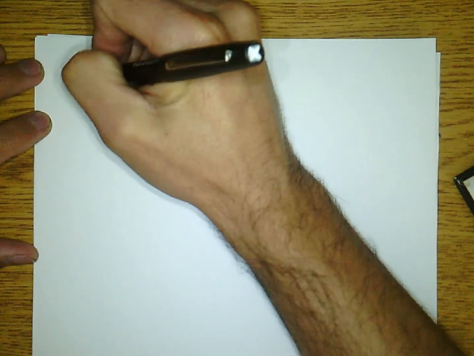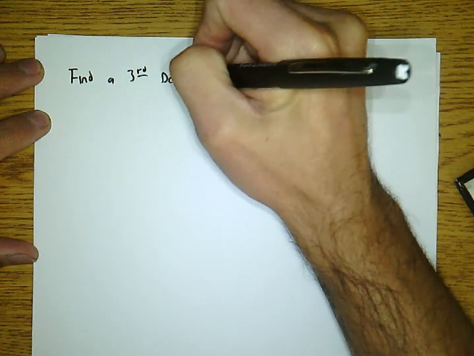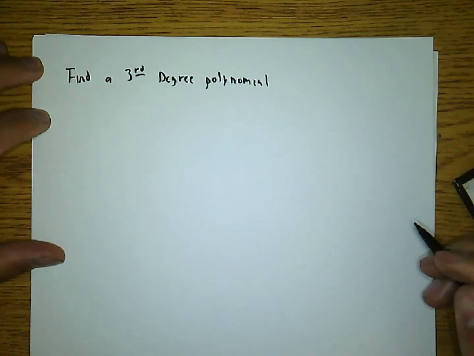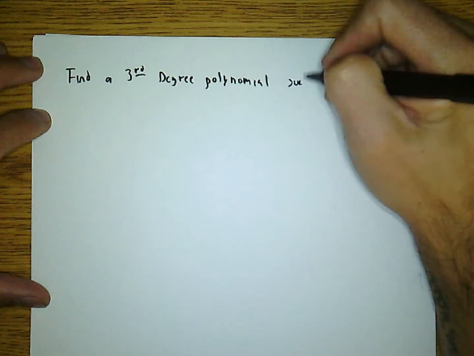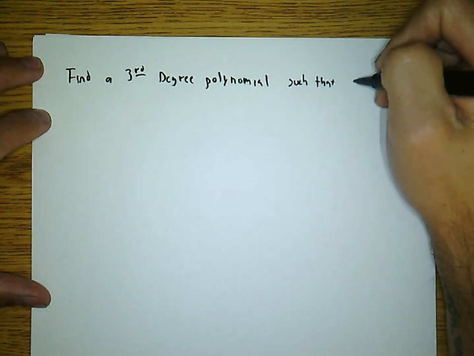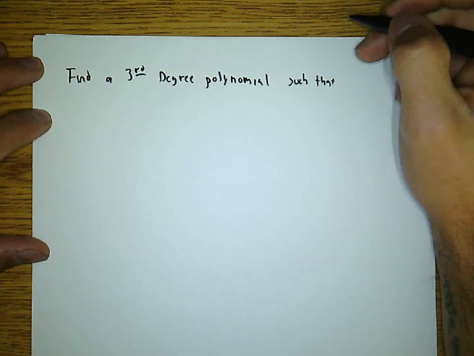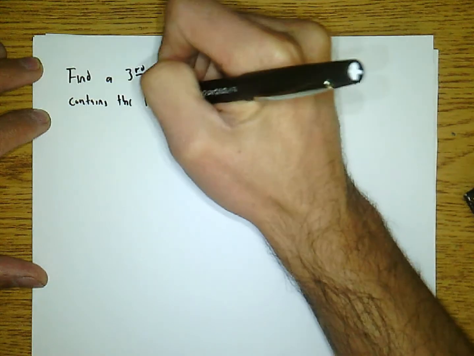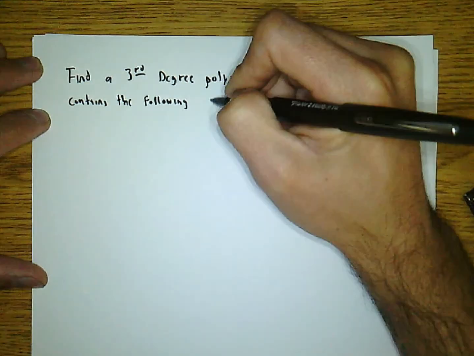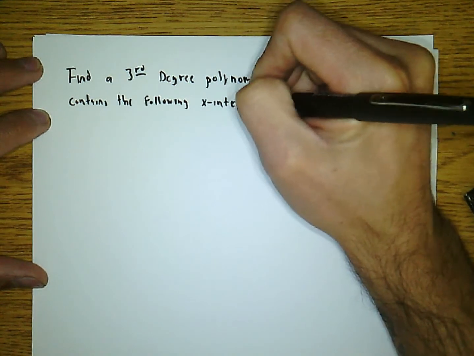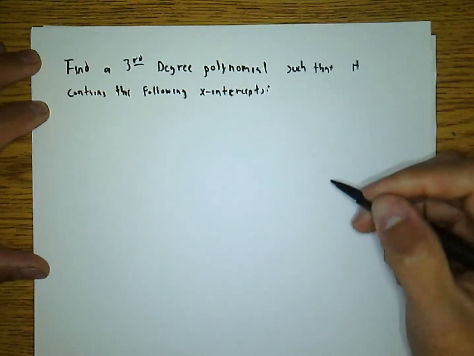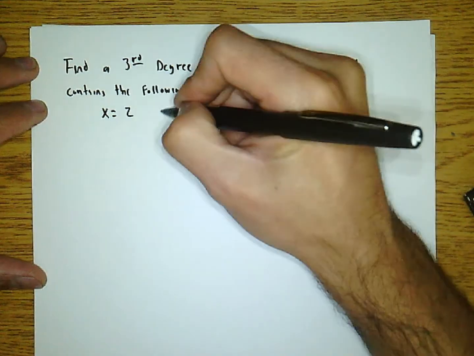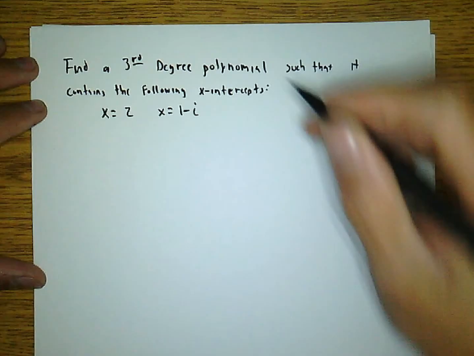Find a third degree polynomial such that it contains the following x-intercepts: x equals 2 and x equals 1 minus i.